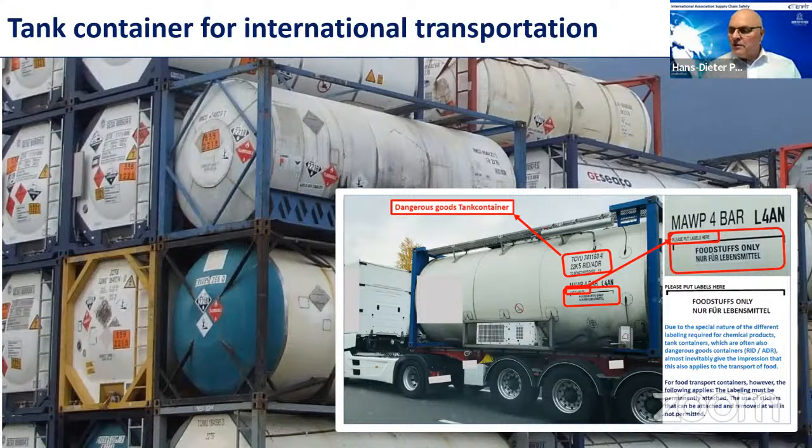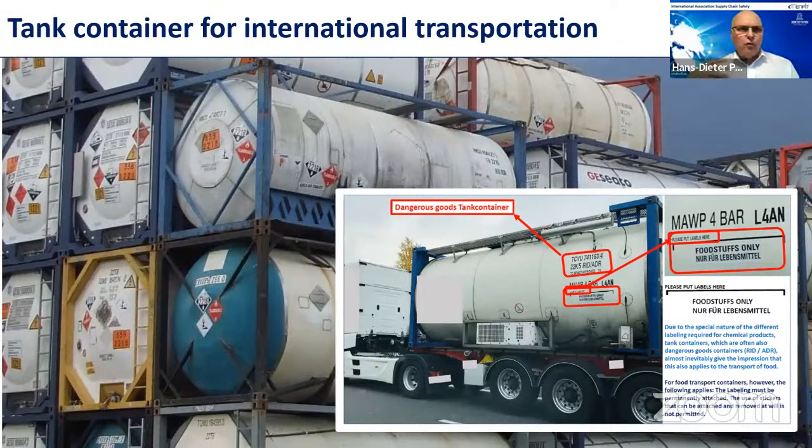But you cannot be sure that everybody in the world is working to separate them. Some of them use the tank container for chemical transport, put on these white stickers with all these dangerous colors, and can say what kind of chemical it is.